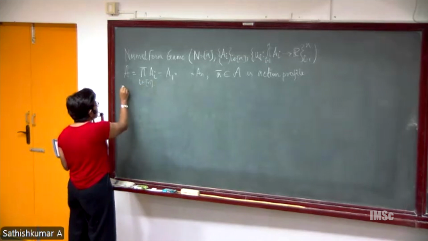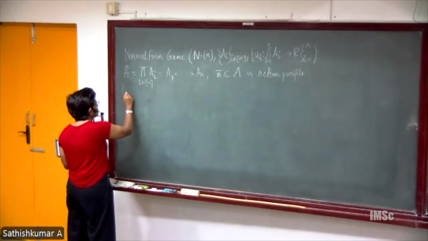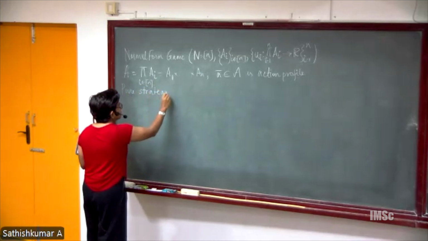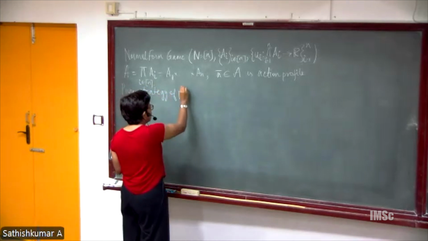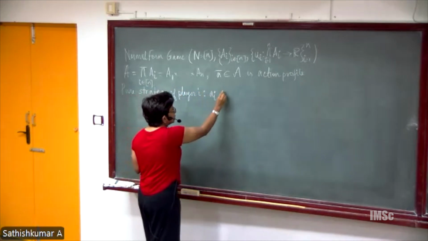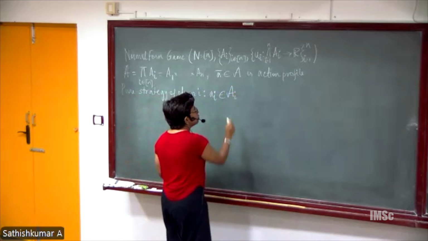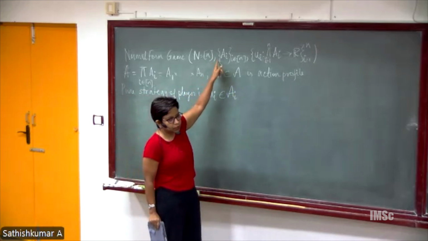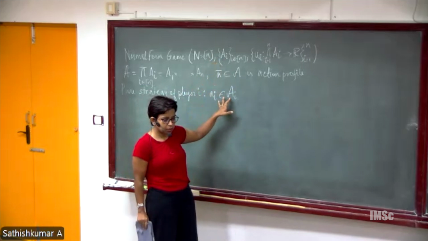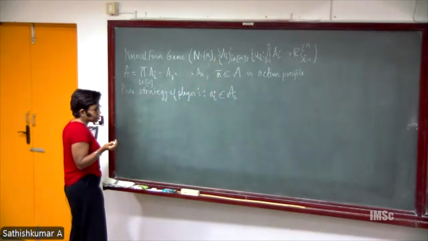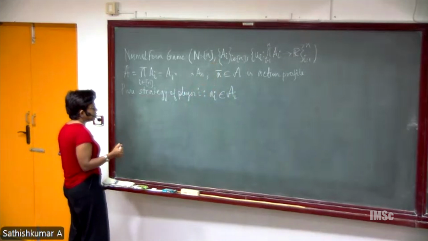Now, a strategy, let's call it a pure strategy, of player i is basically an action from his action space. In general, different players can have entirely different action spaces. This is why we index it with i. The examples we saw last week weren't quite that, but this is in full generality.